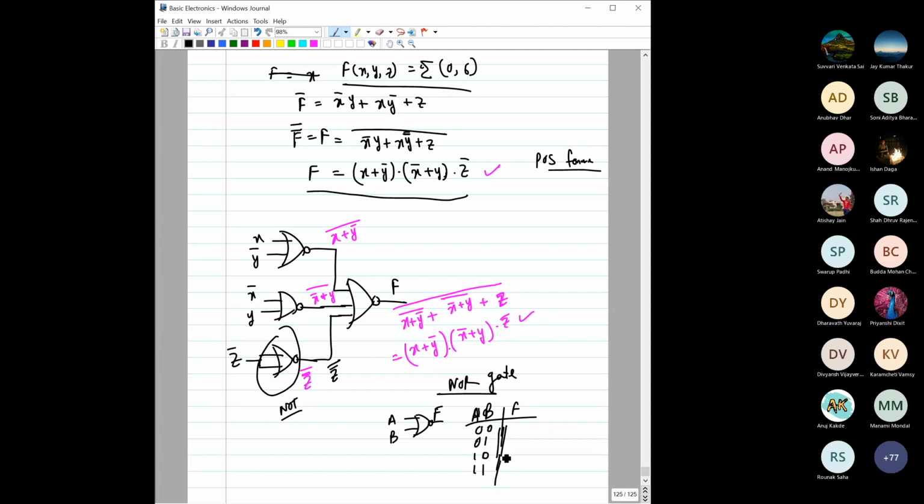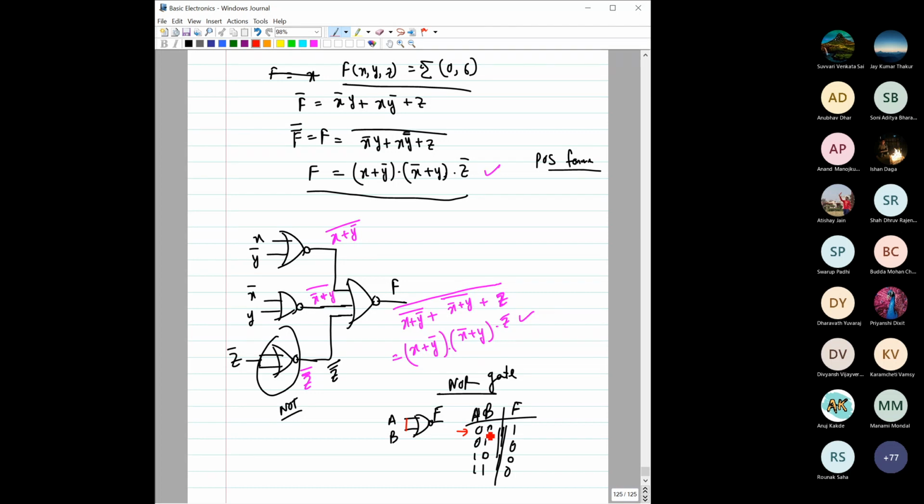Could you please help me to fill this out? What will be the function values? For 0, 0, the output would be 1. And all others are 0. Okay, so let us now see if you connect these two inputs, meaning A and B are equal.